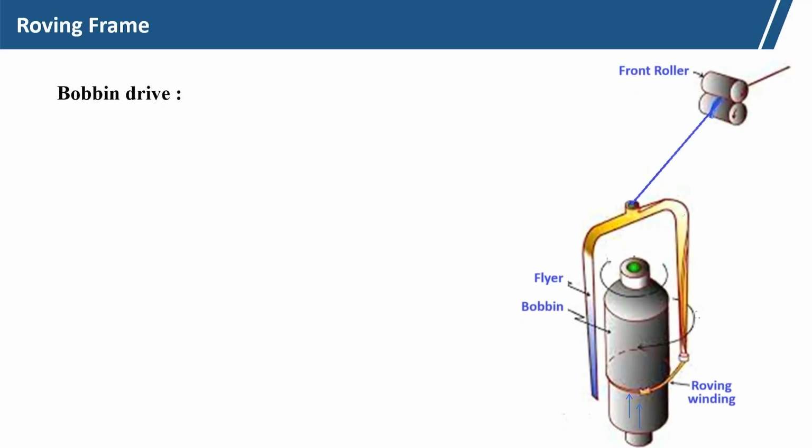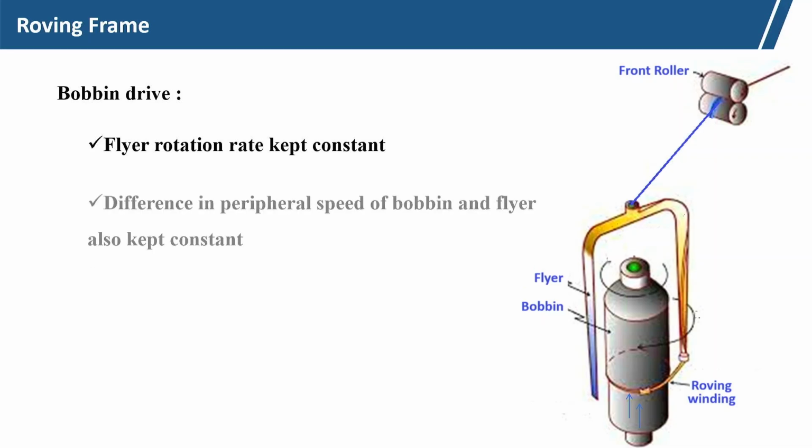So, bobbin drives are basically of two types, one is called flare leading, another is bobbin leading. The flare rotation is a constant rotation, that we always keep constant, and the winding takes place due to the relative motion of the flare. So, we normally change the bobbin rotation.